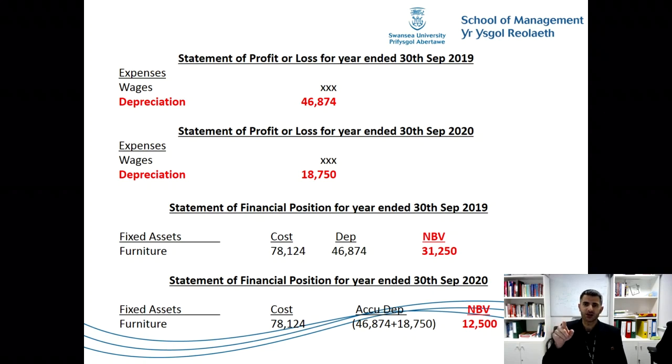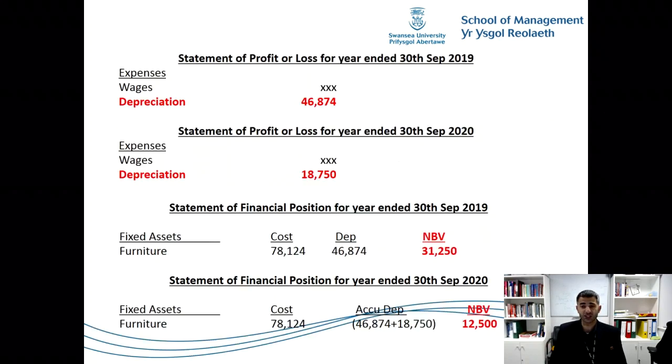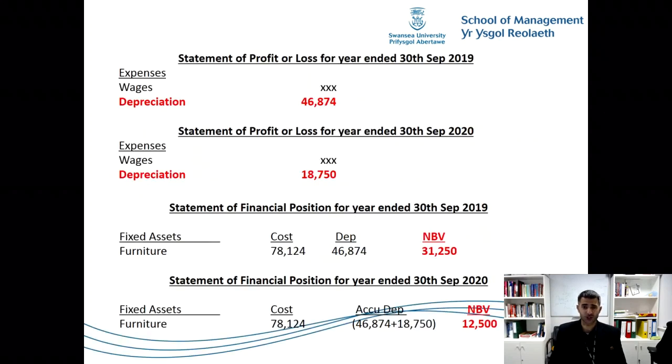Can you see? For example, in 2019, 46,874. In 2020, the depreciation is 18,750. In 2021, 7,500. And in 2022, 3,000 depreciation. Can you see?